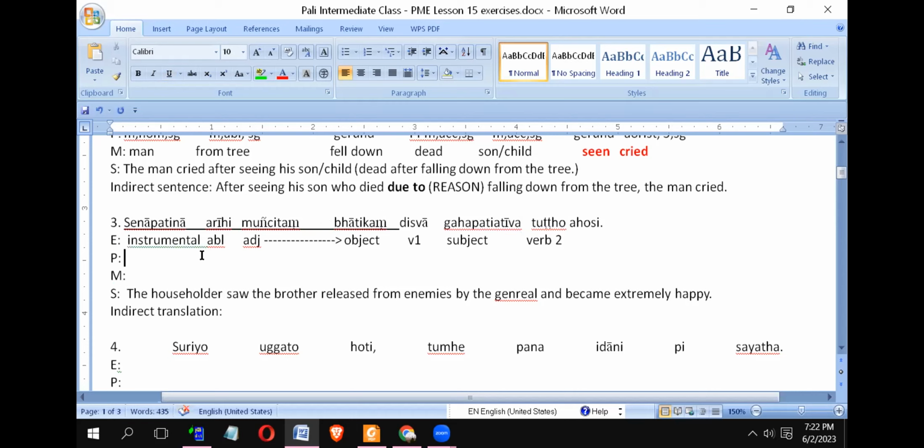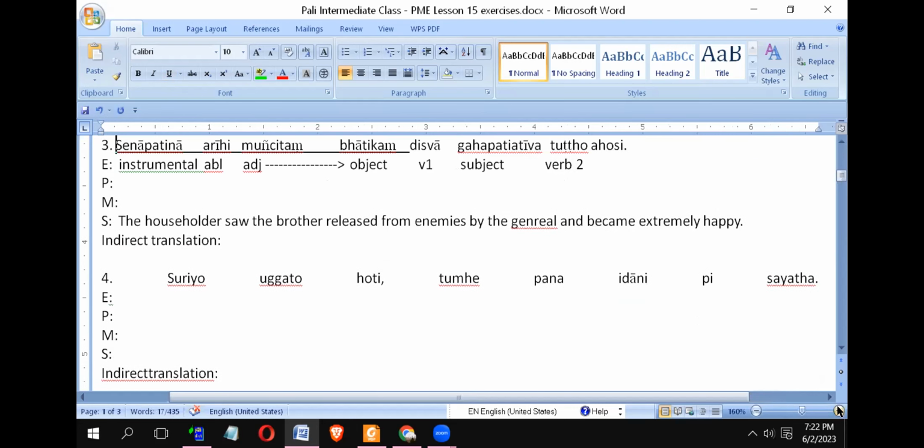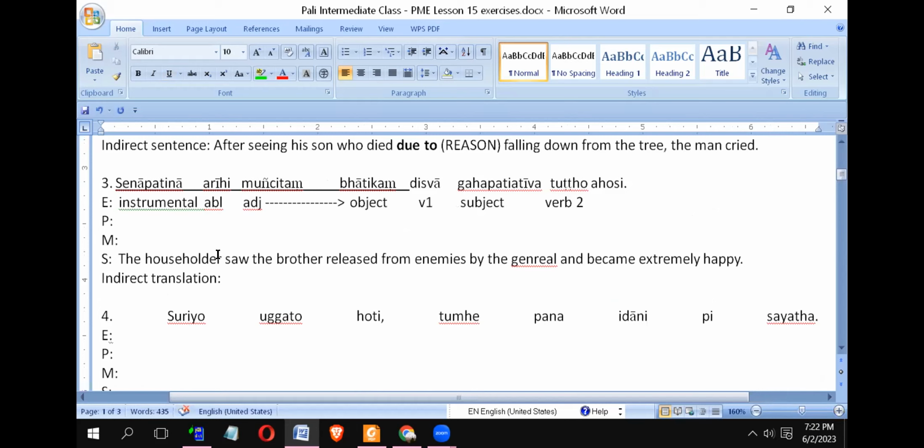Okay, now we go for next one. Okay, for this, of course, is the first time if you study past participle in detail, so you still have to go for the answer, all right? Answer: the householder saw the brother released from the enemies by the general and became extremely happy. Now, the difficult thing, if you notice it like just now, you have one verb, you have another verb, you have another verb, all right?